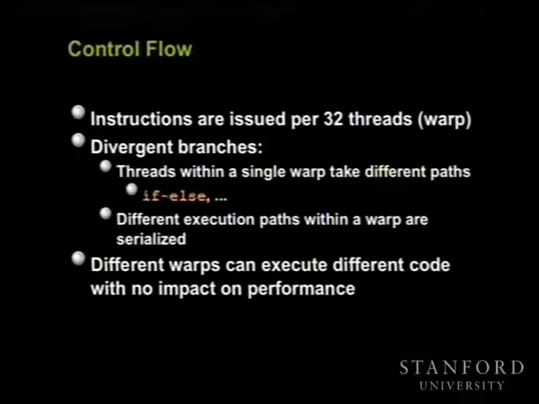Just to recap, if you have an if-then-else statement and even threads in a warp want to go one way, odd threads want to go the other way, effectively the hardware will execute the even threads first, put them to sleep, and while the odd threads are sleeping, activate the odd threads and execute them while the even threads are sleeping, and then activate everybody again and keep on executing.